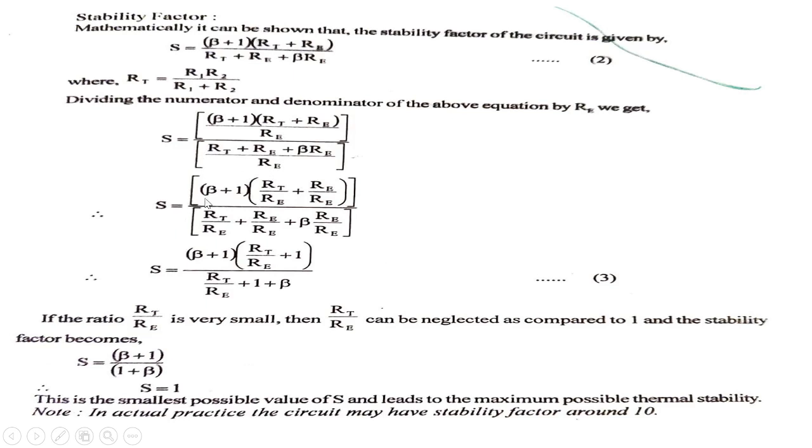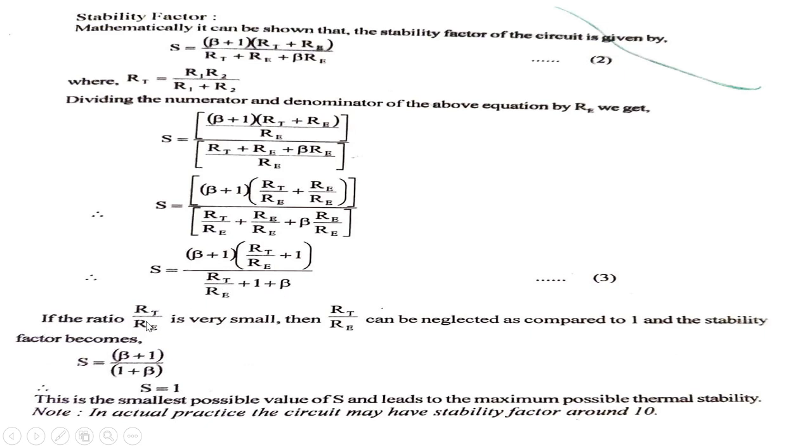Therefore, S equals beta plus 1 into R_T upon RE plus RE upon RE, upon R_T upon RE plus RE upon RE plus beta RE upon RE. Therefore, S equals beta plus 1 into R_T upon RE plus 1, upon R_T upon RE plus 1 plus beta.